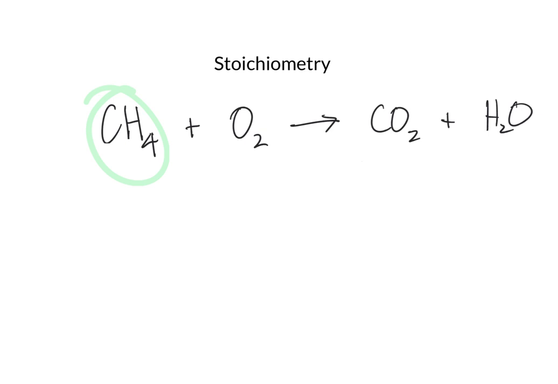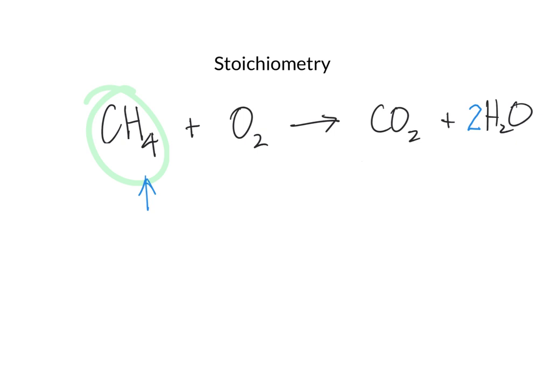I have 4 hydrogens over here, so I need 4 on the other side. The way I'm going to do that is I'm going to put a coefficient in front. When we're balancing equations, we can only use coefficients in front. We cannot change the actual formulas of the substances involved in the reaction. So now I have 4 hydrogens on both sides.